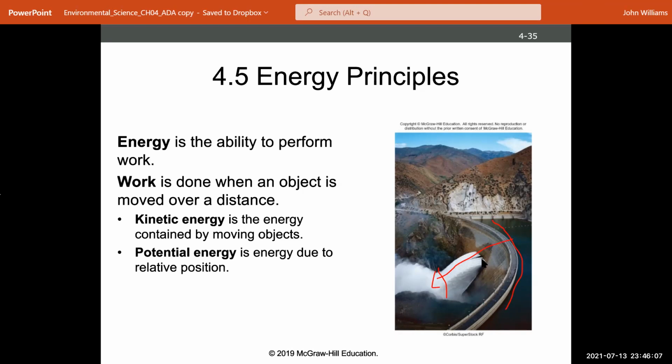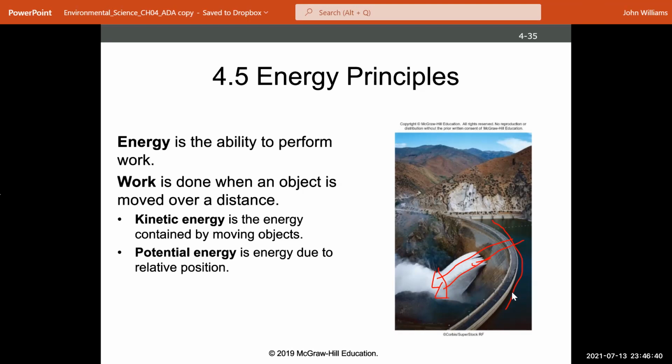So as they control the dam, they open the floodgates, they allow that water to flow through, and as it flows down with gravity, the energy of that water moving, that kinetic energy, is being transferred to turbines. So that water is spinning a turbine, and the spinning of that turbine is making the energy. So the movement of the water, that kinetic energy, is being transferred into electrical energy.